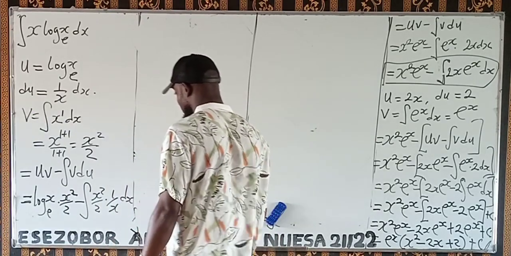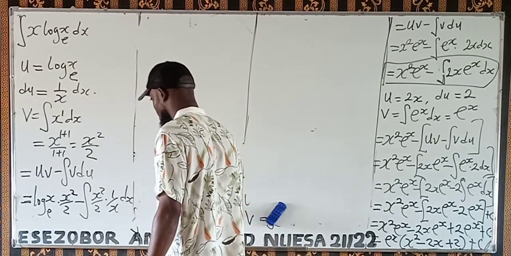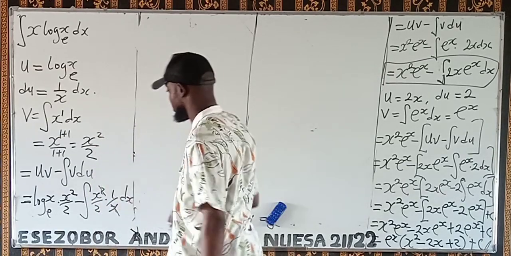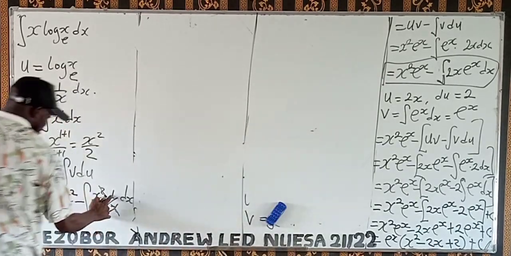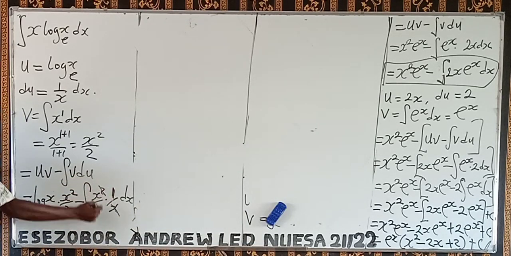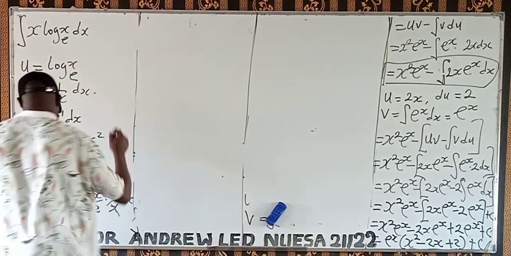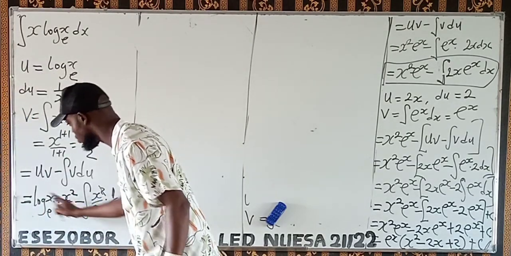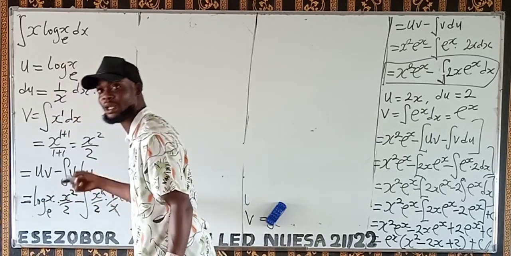So the next thing we're going to have here will be, x cancels one of these x. So 1 over 2 will go outside. Look at it, 1 over 2 will go out. So we have this one now, log x to base e times x squared over 2. This x squared over 2 will go up, but this log cannot multiply this, because they are not the same thing.